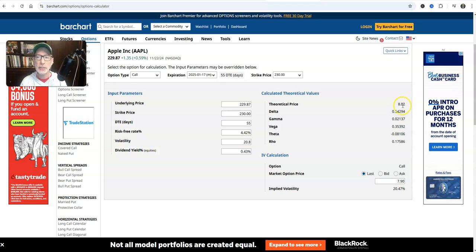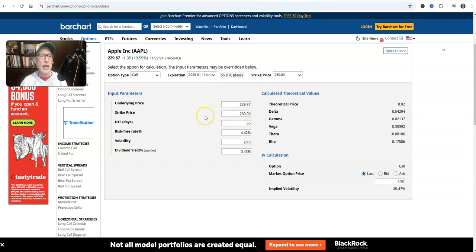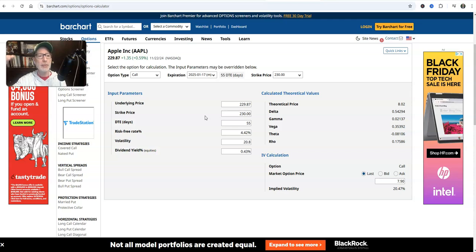Now, if you bought this thing for $8, or $800, you want to know what your break even is. How do you figure out where you need Apple to go in order to just break even? You take the strike price 230, add it to the option value, which is 8. So that's $238. Apple needs to go to at least $238 by expiration in order to just break even on the trade.